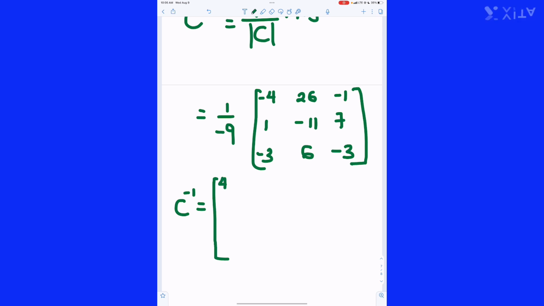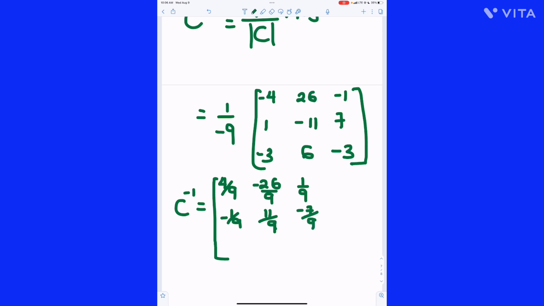So minus 1 over 9 times minus 4 gives me 4 over 9. This one gives me minus 26 over 9. This will give me 1 over 9. Next here too, this will give me minus 1 over 9. This will give 11 over 9. This will give what? Minus 1 over 9 times 7. That's minus 7 over 9.